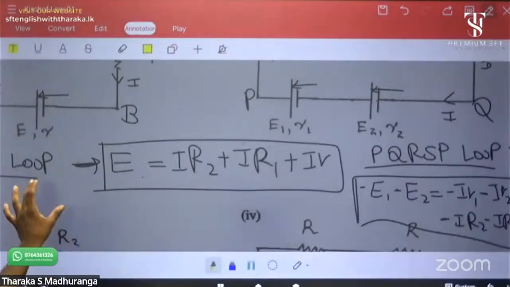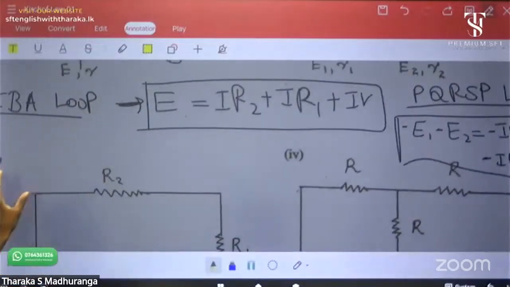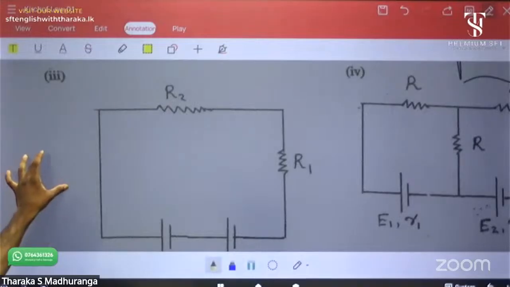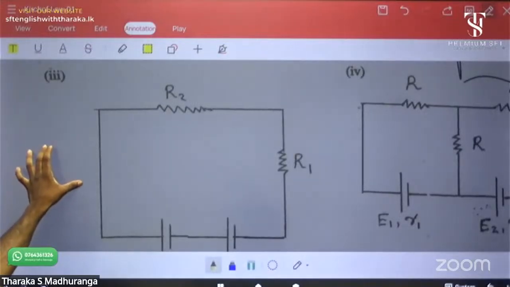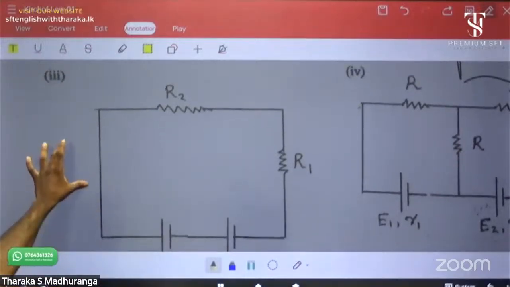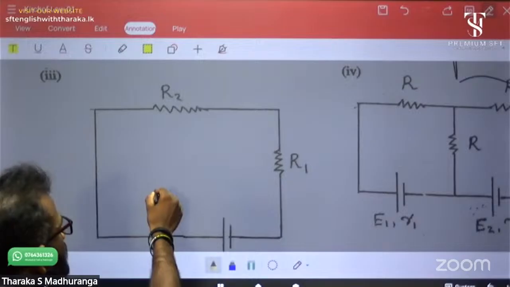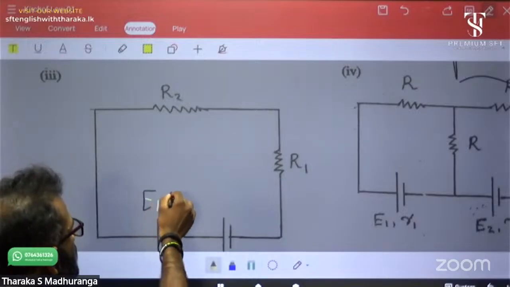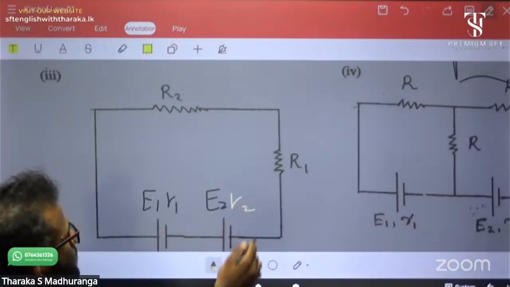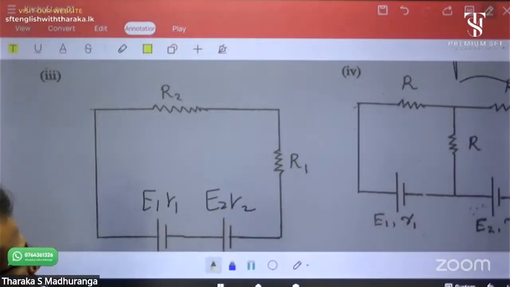Okay. Yeah, it's the same, simple, right? Again, the same circuit, you can try. It's capital E1, R1, E2, R2. Okay, you can try, it is the same thing.